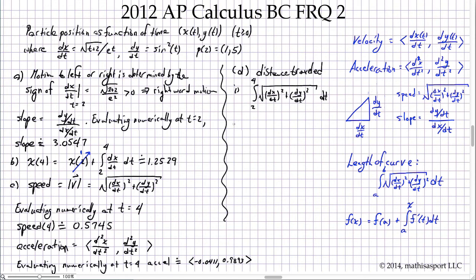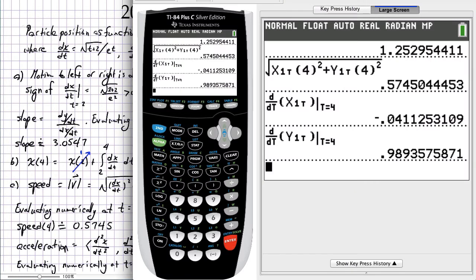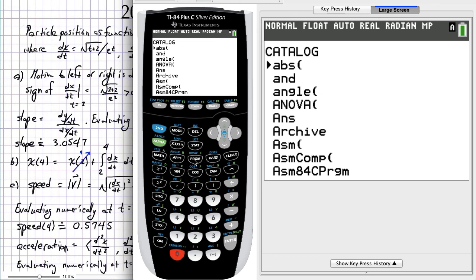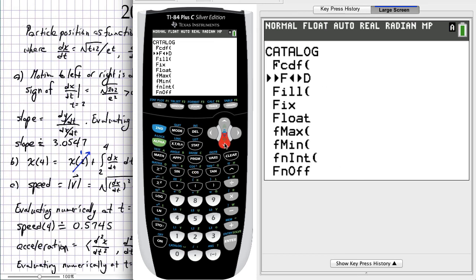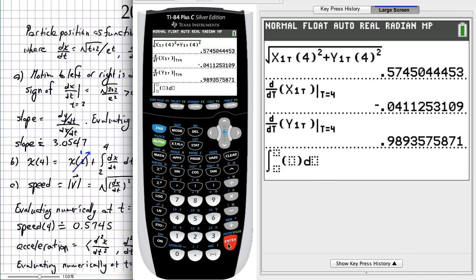And so we're going to say, evaluating numerically, distance is approximately, last time we'll use this, so we're going to integrate, and we'll start at 2 and we'll go on to 4, and that's going to be quite a long and involved expression.